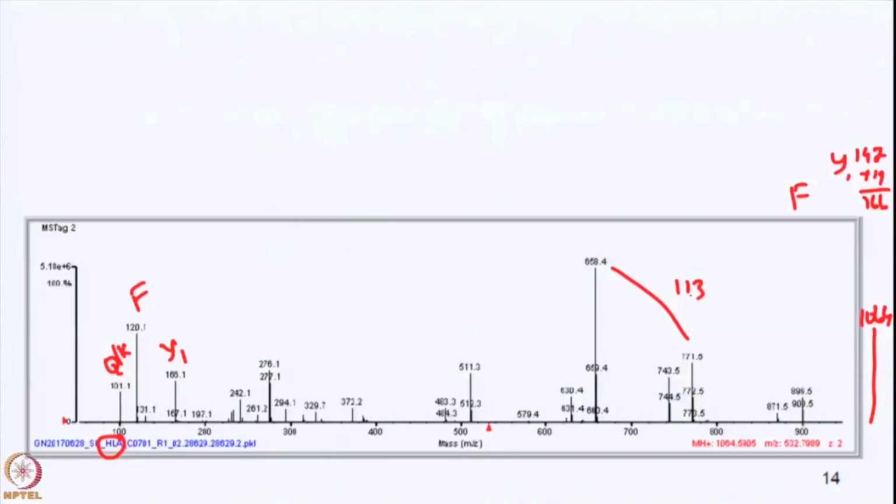That is a mass 113 gap. That's 128, yeah. 658, 511, 147. Right here? Right there? Yeah, that's 147. That's 161.